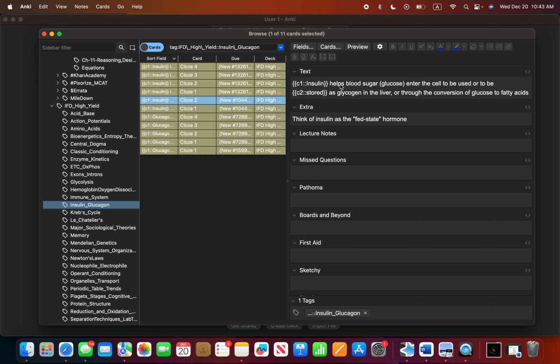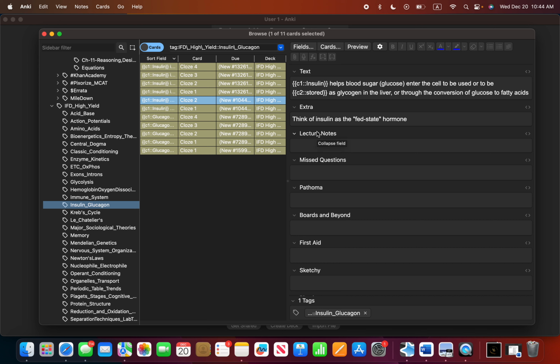So when the cells uptake the glucose, this blood sugar glucose either enters the cell to be used, or to be stored as glycogen in the liver, or through the conversion of glucose to fatty acids. The third option is to convert it into fatty acids.